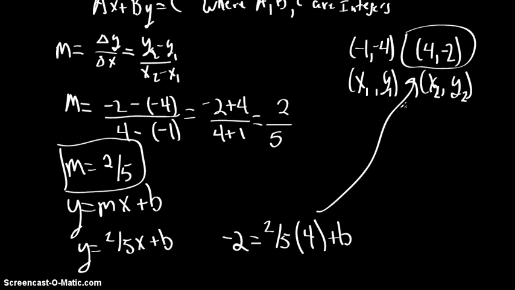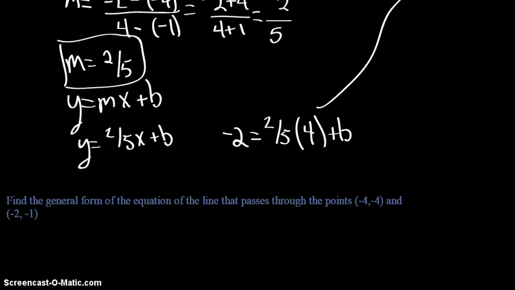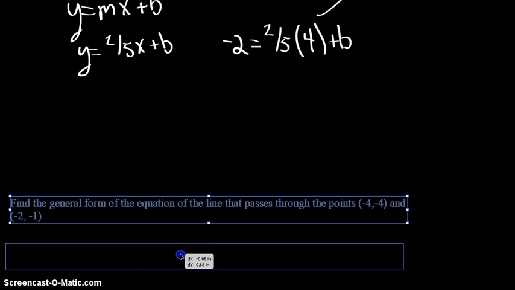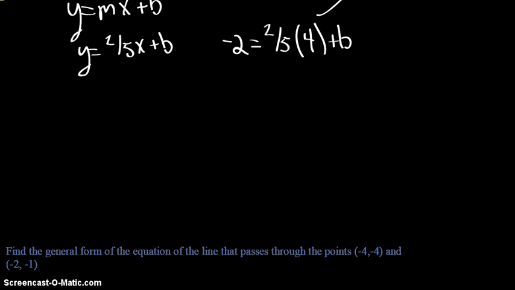And next thing I'm going to do, I'm just going to simplify this and find my b. I have to move this down a little bit, because these are a little bit longer. So now when I do this here, I'll have to multiply. So I'm going to get -2 is equal to 2/5 times 4 over 1 plus b.